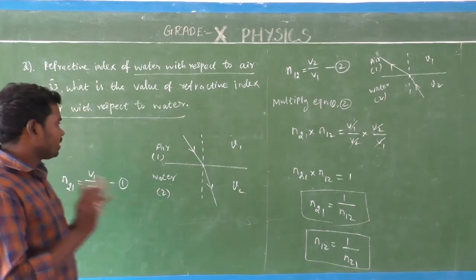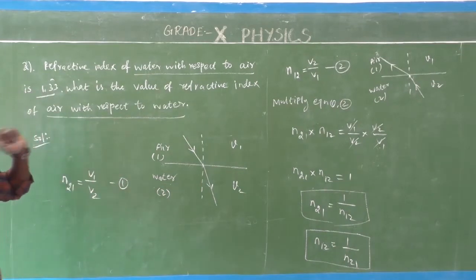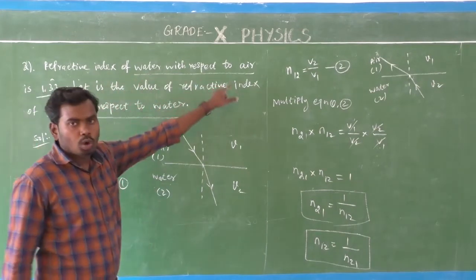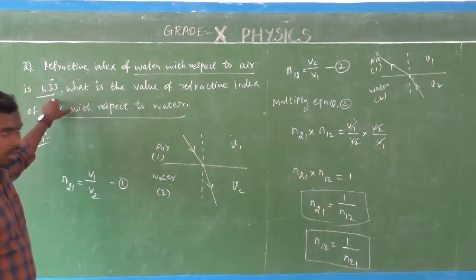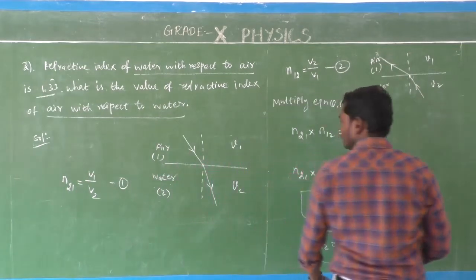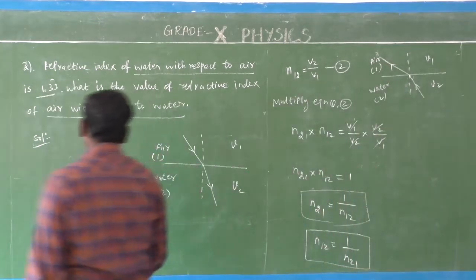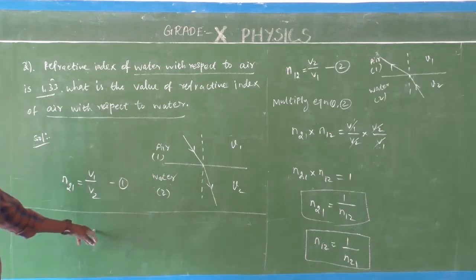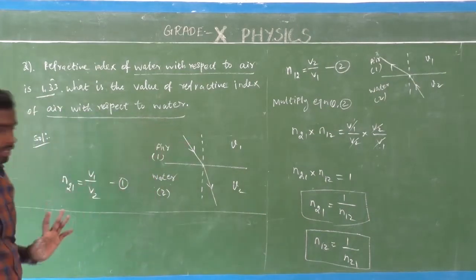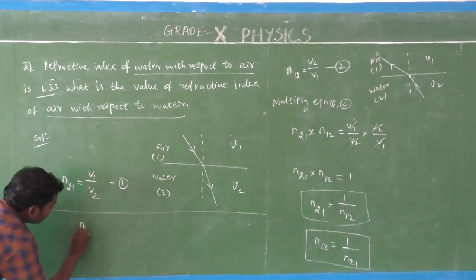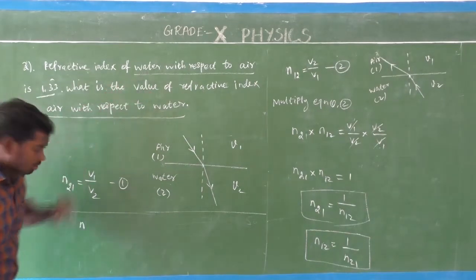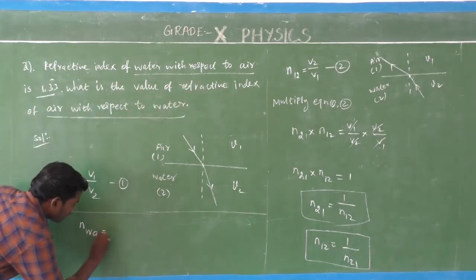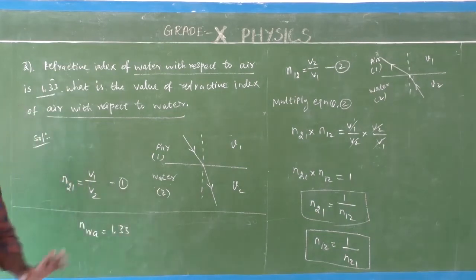So listen here. What is the question? The refractive index of water with respect to air is 1.33. Remember this right here. So this is the refractive index of water with respect to air, equal to 1.33.